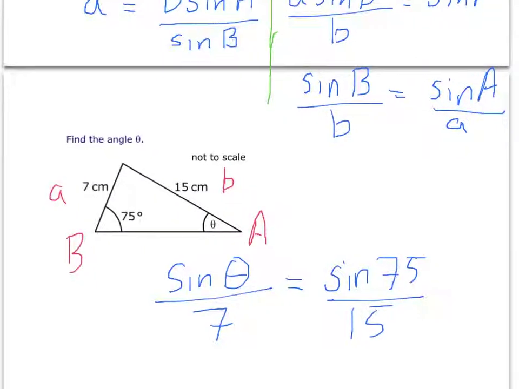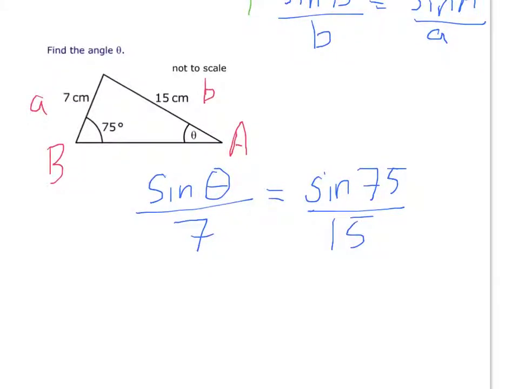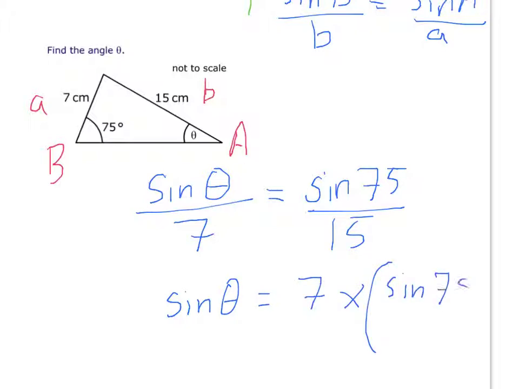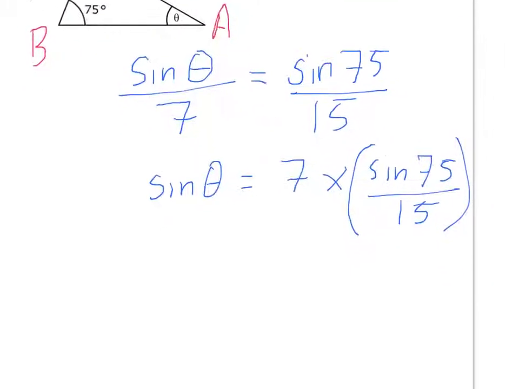Let's rearrange this a little bit by multiplying through by 7. So we're left with sine theta is equal to 7 times sine of 75 over 15. And it's now a case of picking up your calculator.